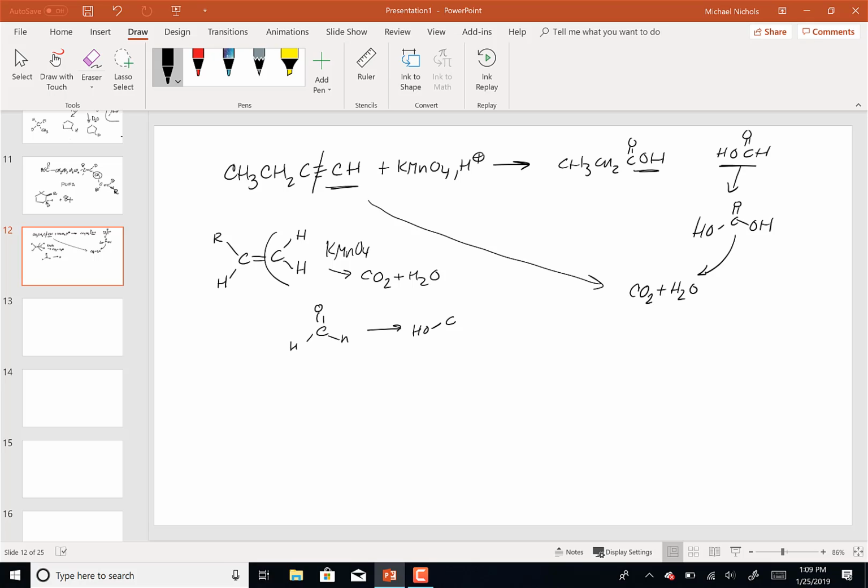Well, you can think of it being oxidized first to formic acid, which is the 1 carbon acid, then further oxidized up to carbonic acid, which then gives CO2. So any terminal alkene or alkyne, the terminal end carbon, is going to become CO2 in water. If it's internal, you just get 2 carboxylic acids and you're done.